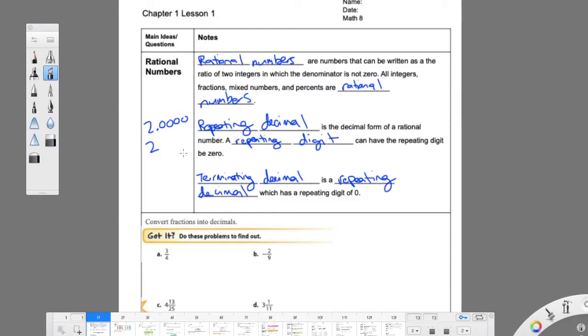So it means it terminates, it stops. We drop it off. We don't put all the zeros on there. There's no use for them. So if it is repeating, we need to indicate that it's continuing on and on. But if it's zeros, then we can drop them off, and we call that a terminating decimal.